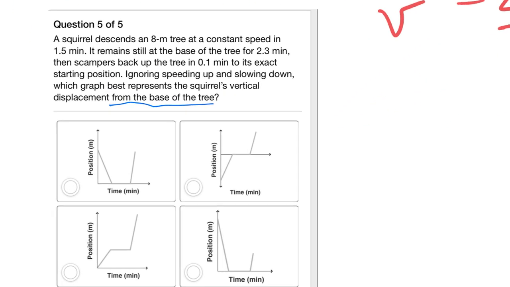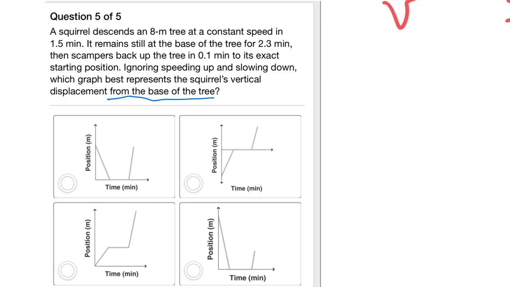Okay, sometimes I'm going to give you a scenario, and you're supposed to pick the right motion graph for that. So, let's look at this. A squirrel descends an 8-meter tree at constant speed. Okay, so descending means going down.